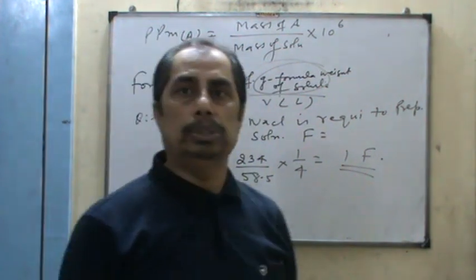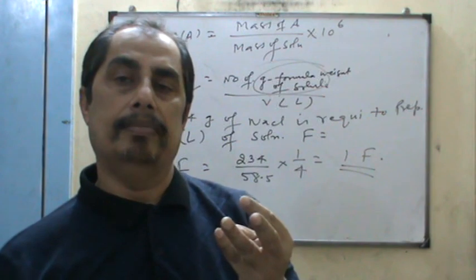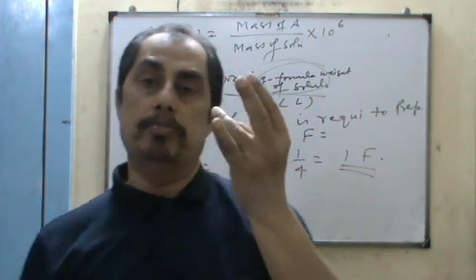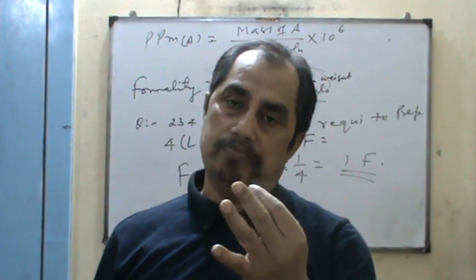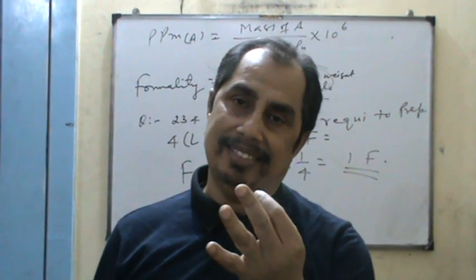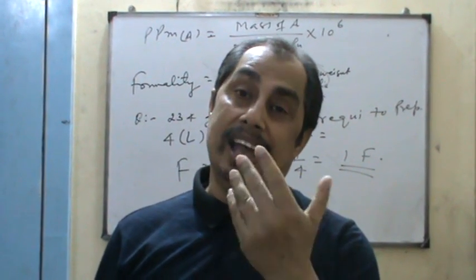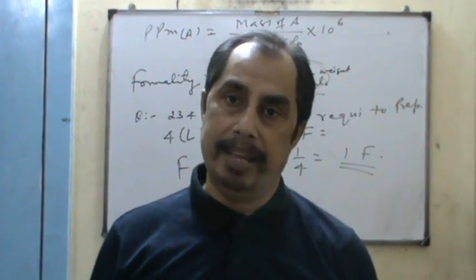So my dear students, we have explained today the different parameters of concentration. First is the mass percentage, volume percentage, strength of the solution, then mole fraction, then molarity, and then formality as well as ppm.